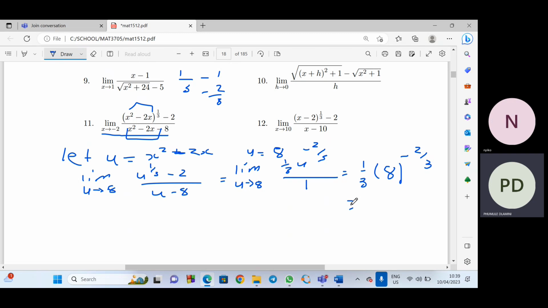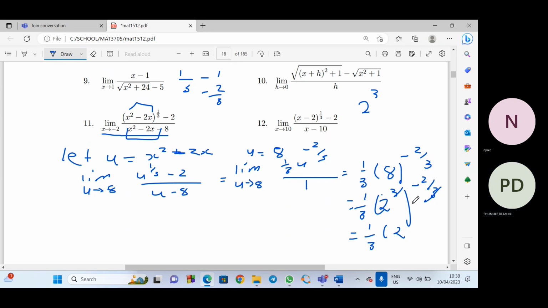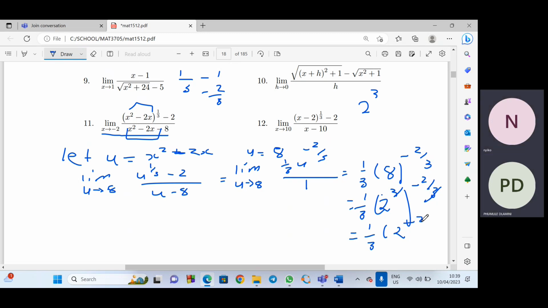Remember, 8 can be written as 2 to the power 3. It's 1 over 3, you can write it as 2 to the power 3 in brackets negative 2 over 3. So this 3 is going to cancel with this 1. Then we're going to be left with 1 over 3 in brackets 2 to the power negative 2.